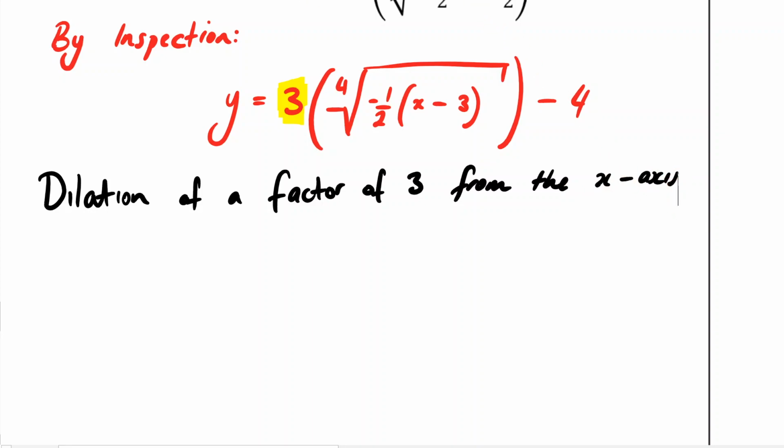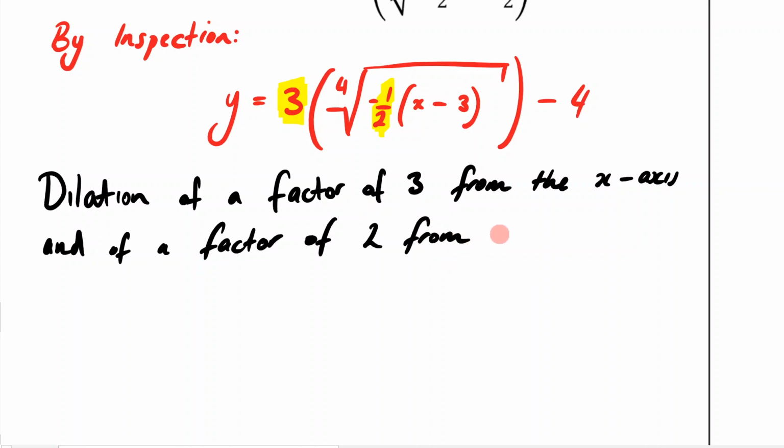Then the next dilation that we have occurring here is this a half. So we're going to say a dilation of a factor of 3 from the x-axis and of a factor of, now this is another place we need to be careful. We take the reciprocal of this, so a reciprocal of a half is 2, and we say from the y-axis.